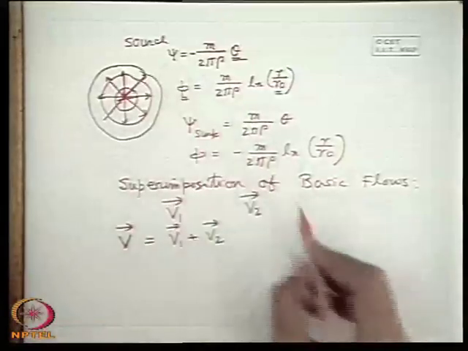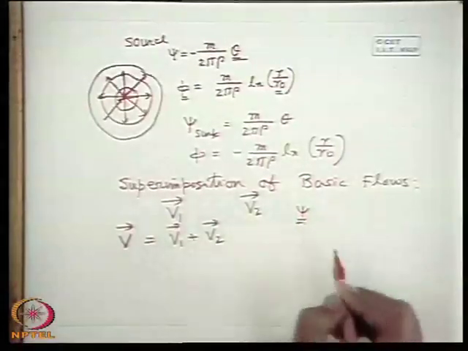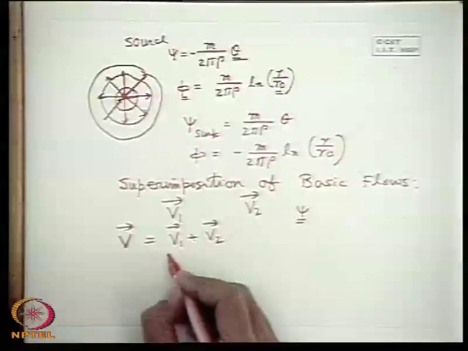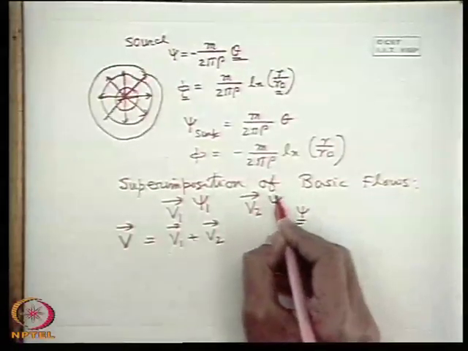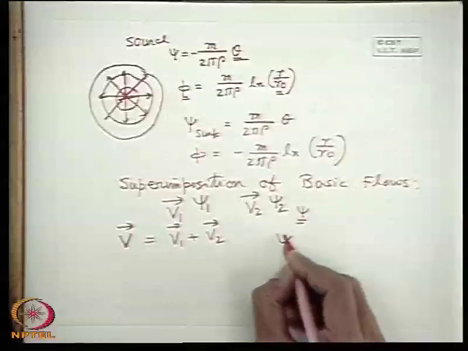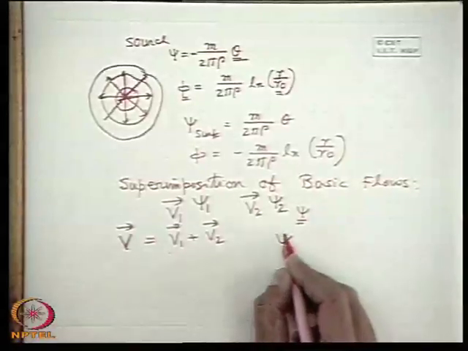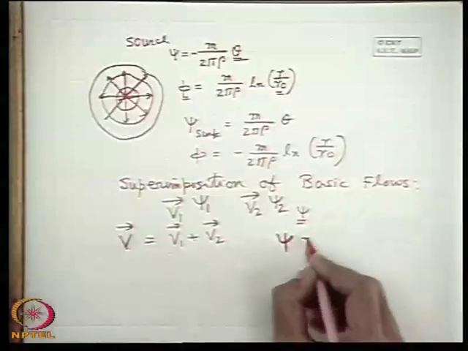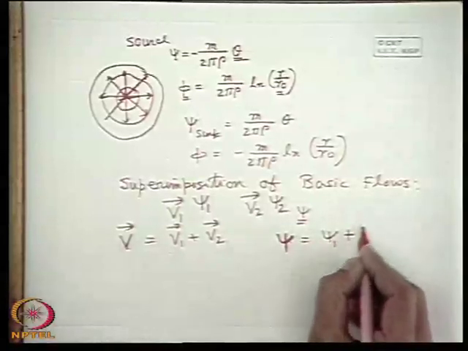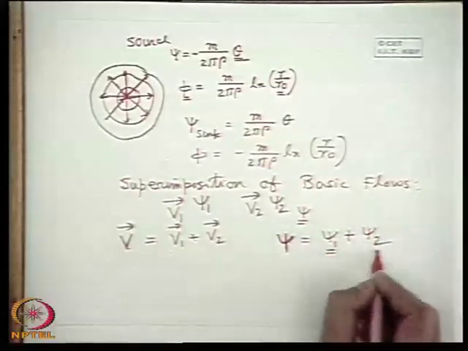If psi1 represents the stream function for one flow and psi2 for another flow, then the stream function of the resulting flow will be the sum of the stream functions of the two flows.